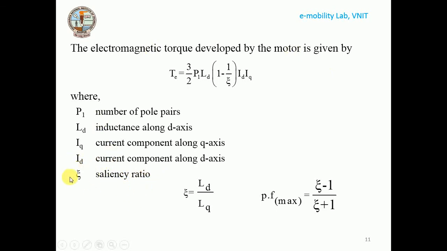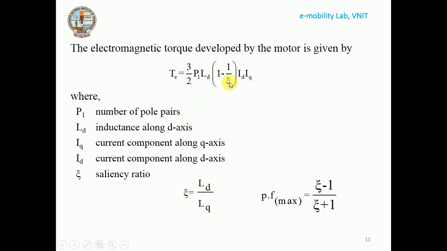This is a crucial factor, we should think of it. What is this? It is nothing but LD by LQ, the ratio of inductance oriented along the D axis to the Q axis. This is a very crucial factor, as I told you. A designer should aim for a high saliency ratio.